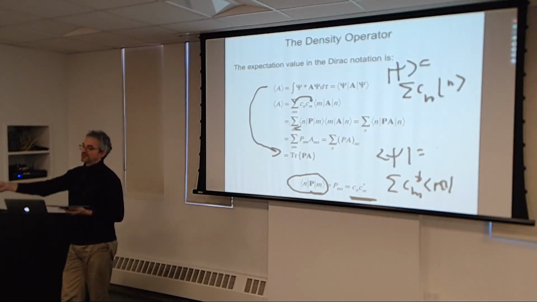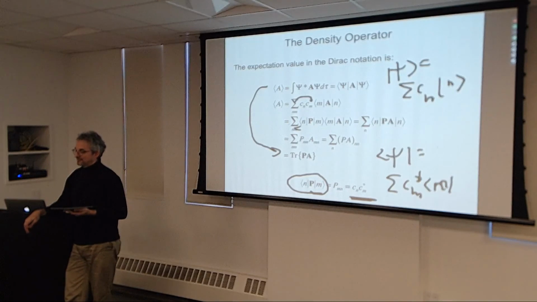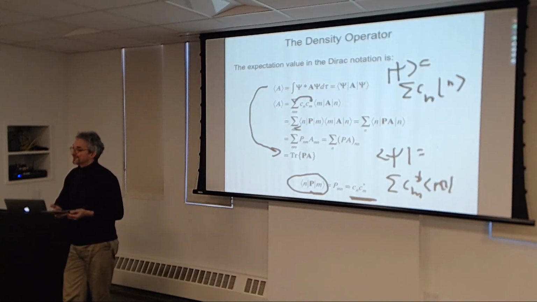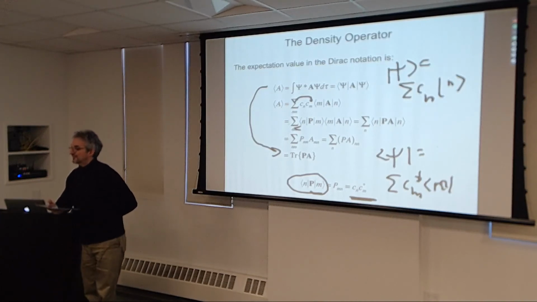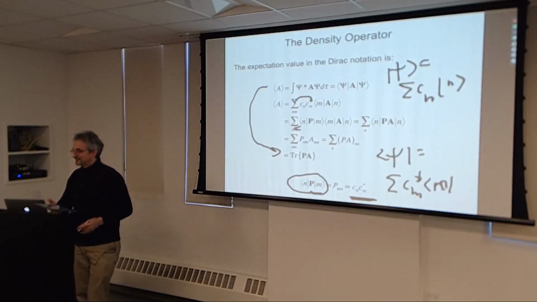What I measure in the lab can't depend on what basis functions I chose. So when I want to do the calculation, I can pick a set of basis functions that make my life as easy as possible. And we'll do that over and over again. We might as well use basis functions that are easy for us to calculate for some particular problem if we can figure out what those were. Sometimes we don't have any idea what the easy basis functions are.